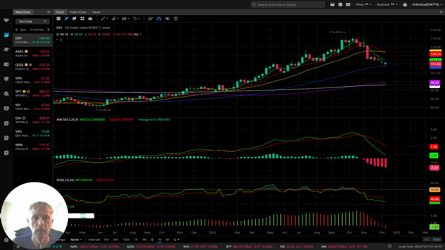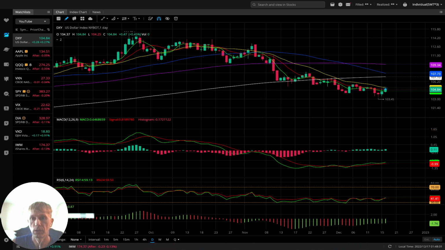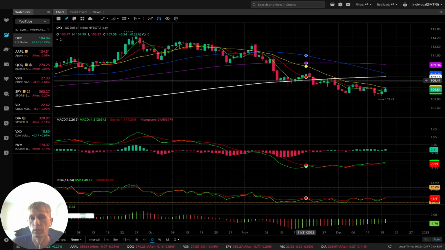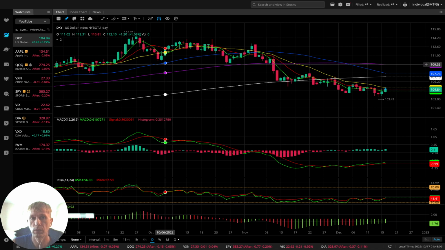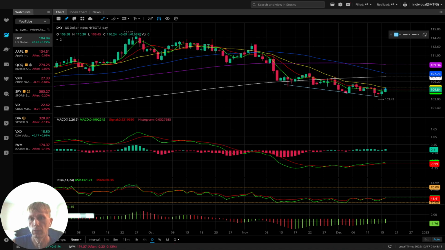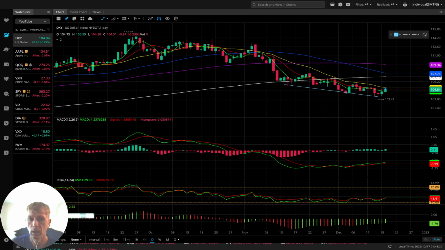MA 200 still uptrend, MA 100 uptrend, 50 uptrend, it's bullish. Let's check daily. Daily, it has a bullish divergence, right? The price action is in a downtrend, but MACD is uptrend, awesome oscillator and RSI uptrend.